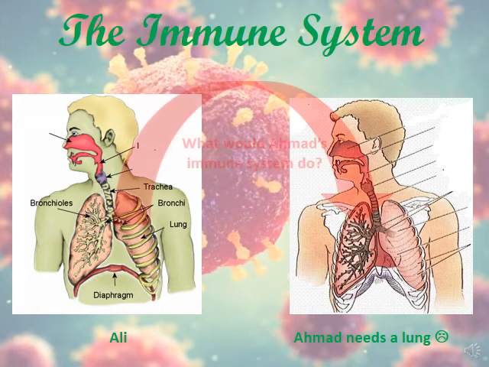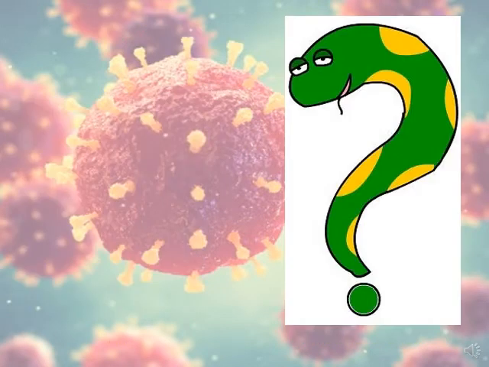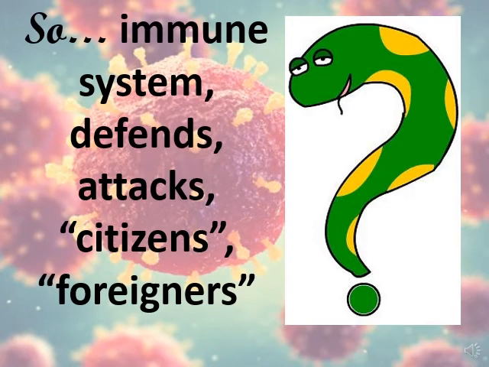So this will cause the immune system to attack the lung of Ali because the lung of Ali doesn't belong to the body of Ahmad. So here, the immune system defends, attacks, citizens, foreigners.